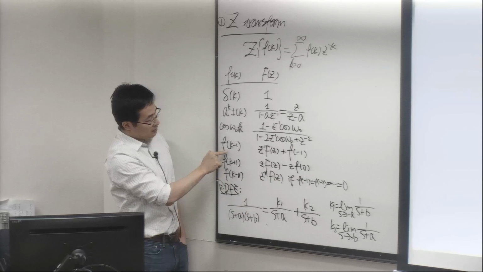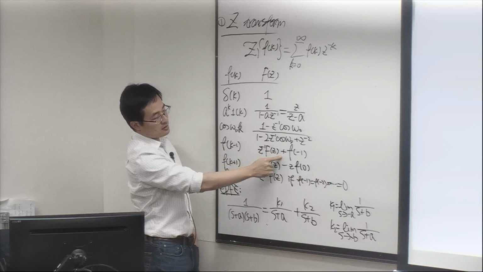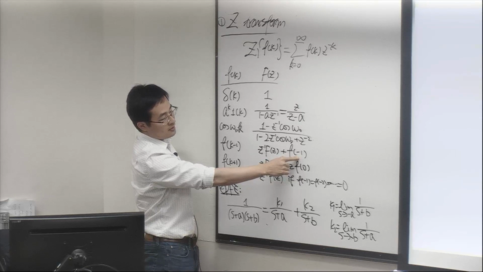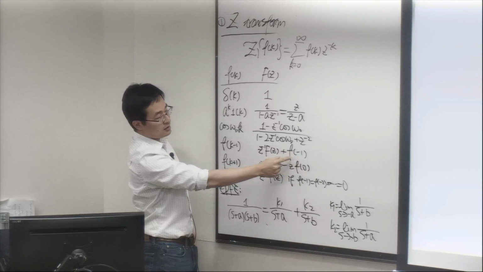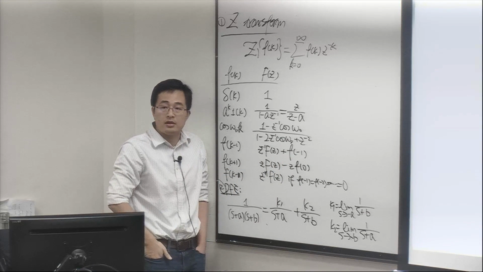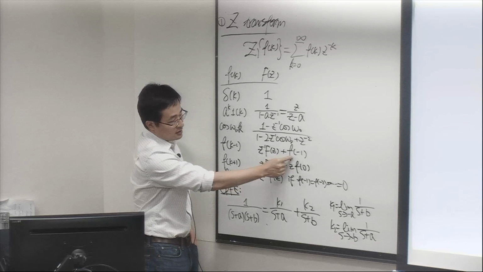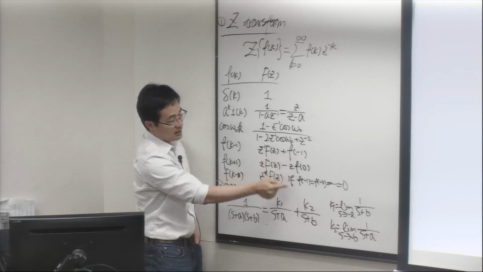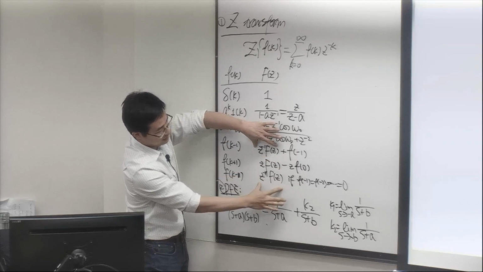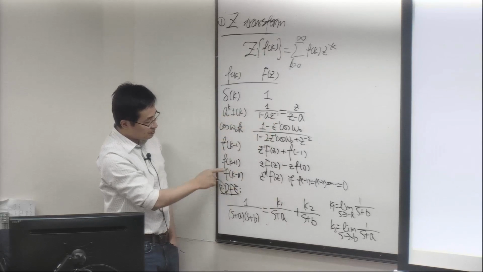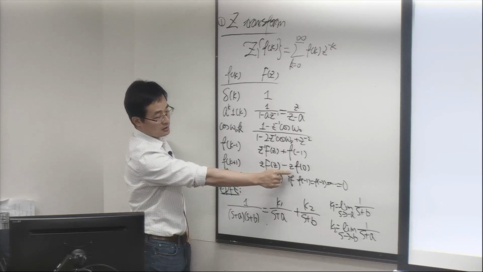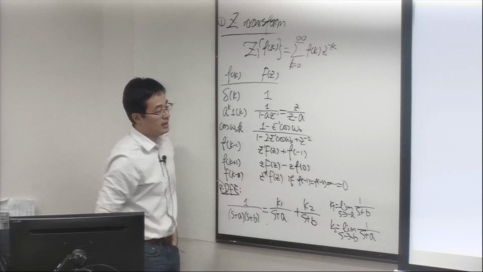So for a one step delay, you need an extra term looking back, f of negative 1. If it's 0 initial condition, if we assume all the sequences are causal, meaning that it's 0 for negative time, then these two equations are significantly simplified. You just need to focus on this part. So very simple. If it's one step advanced, you need to be a little careful if the initial condition is not 0. So that's how it relates.